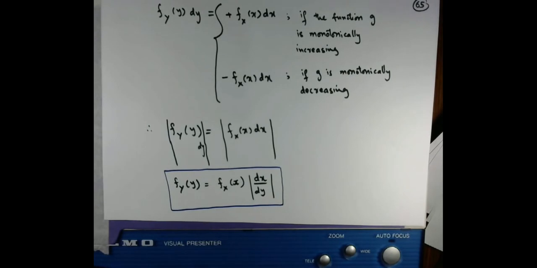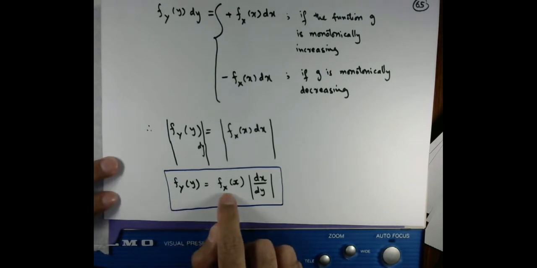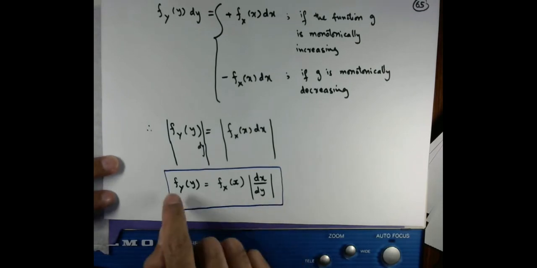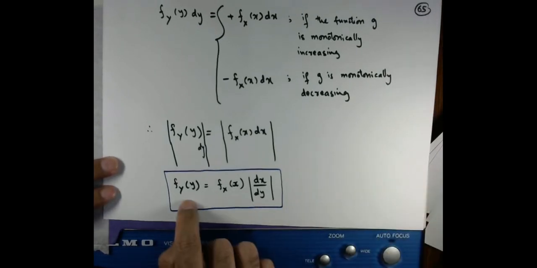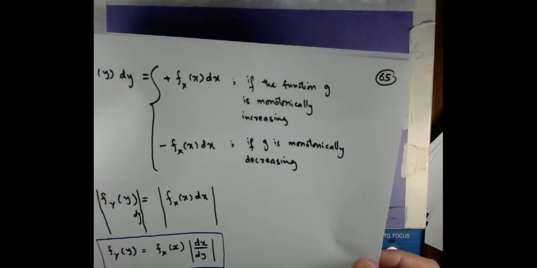From here onwards, to find the PDF of a derived random variable, we'll utilize the PDF of the parent random variable or the source random variable, multiply it by dx by dy, and we'll find this target distribution. So let me do an interesting example about that. You will hopefully understand all the points then.